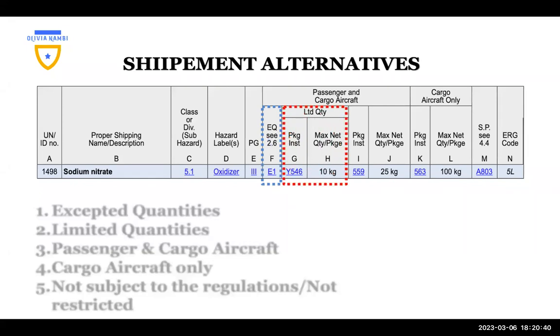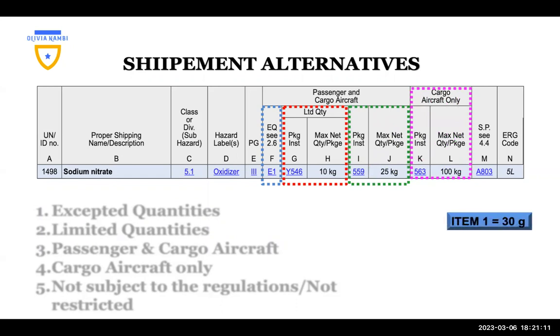Limited quantities, these are slightly in larger quantities, but not too large to be fully regulated. We also have the fully regulated shipments, but which are accepted to be shipped under the provisions of passenger and cargo aircraft. And finally, we have cargo aircraft only.